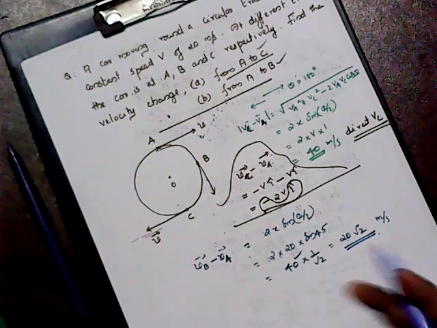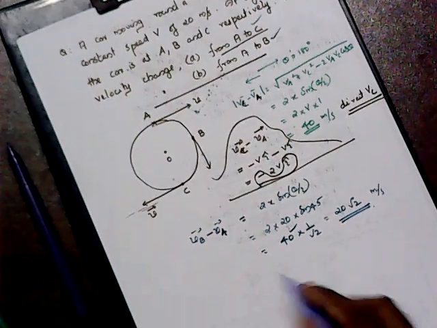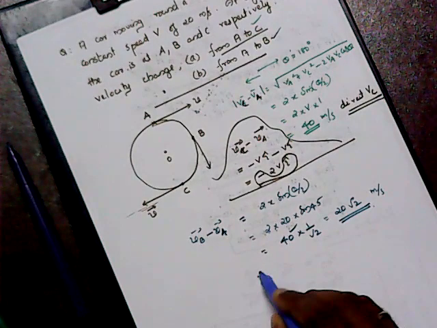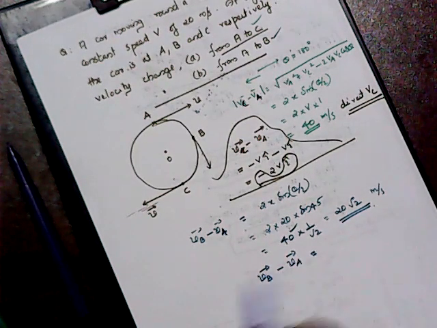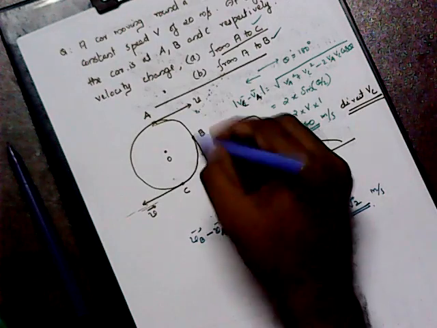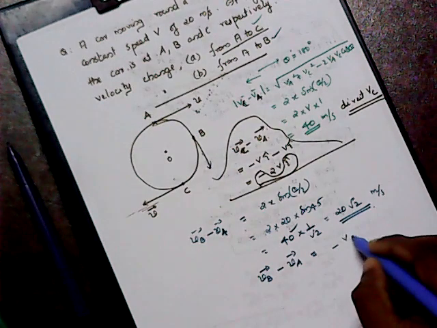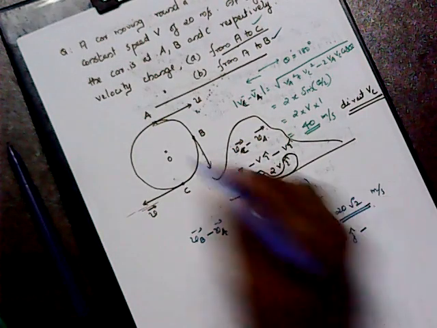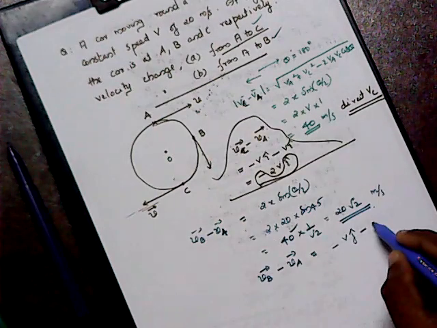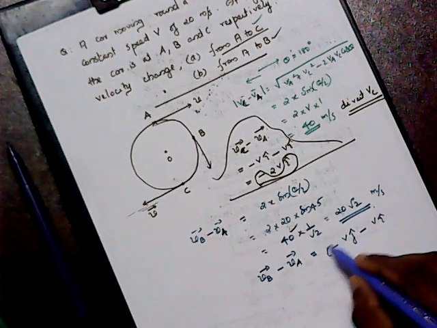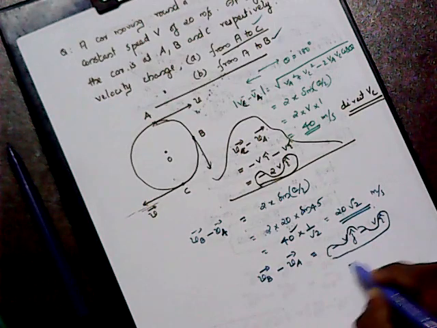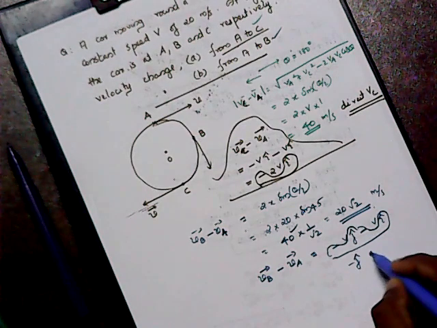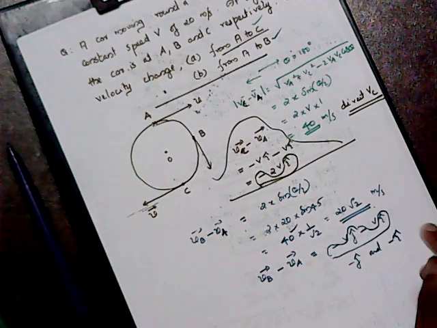But how can we find the direction? The same concept we can use. Our aim is to find VB minus VA. But what is VB? The VB is vertical downward, so minus V j cap. Good. What is VA? X-axis. So the direction is what? Minus j, minus i. In between minus j and minus i.